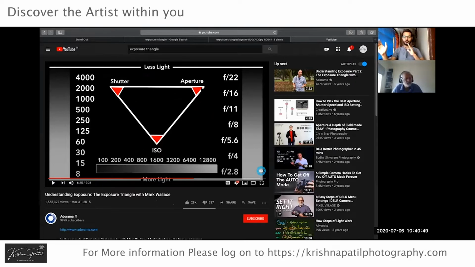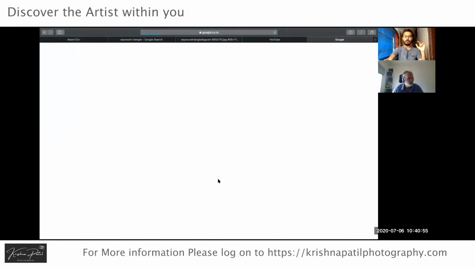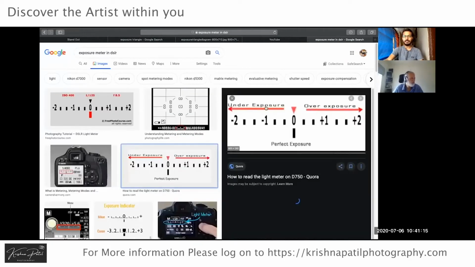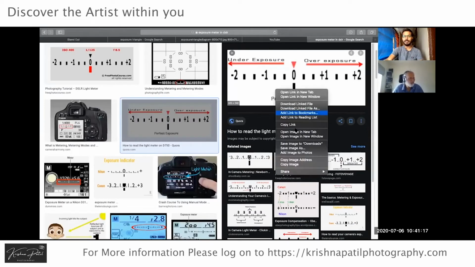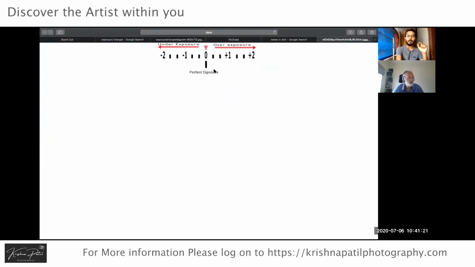So in your camera, if you go and check your LCD, we came to see that there is an exposure meter kind of thing which you will be able to see in the camera. This kind of particular image has been placed. So in your LCD also you will be able to see.